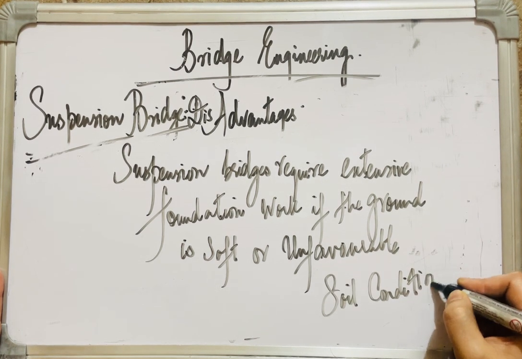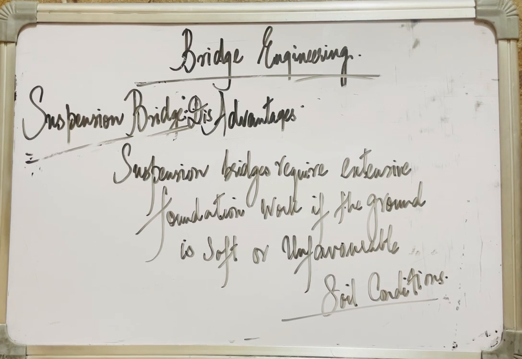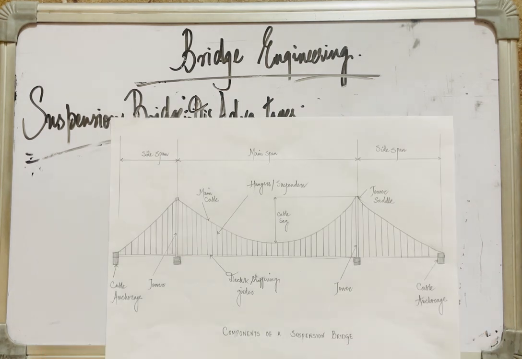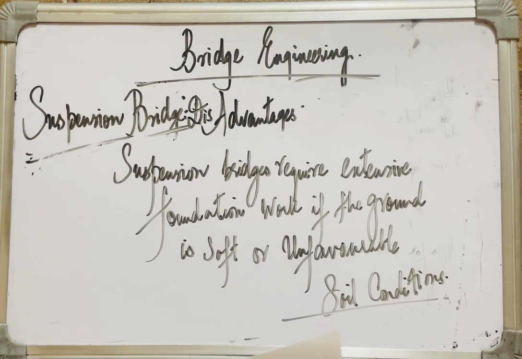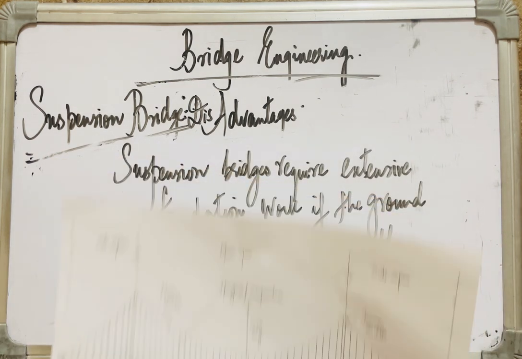For all those cases, we require extensive foundation work for the towers. So that is a big disadvantage in case of a suspension bridge, that if there are unfavorable soil conditions or if the ground is too soft, then we require extensive foundation work for the towers of a suspension bridge.